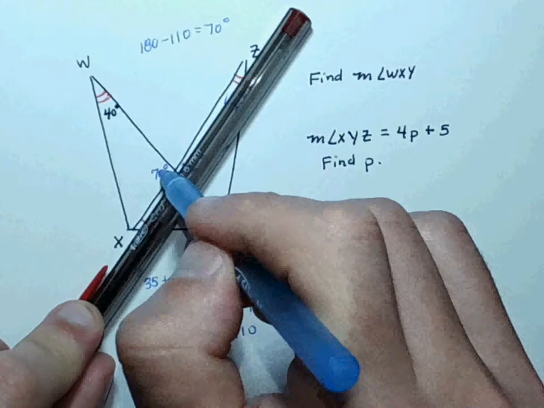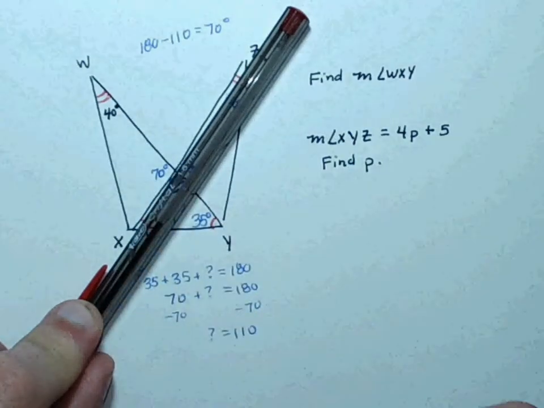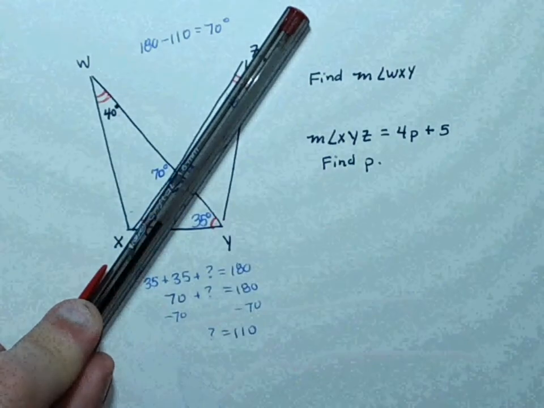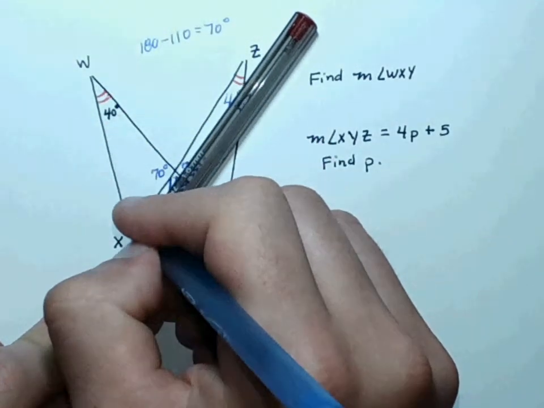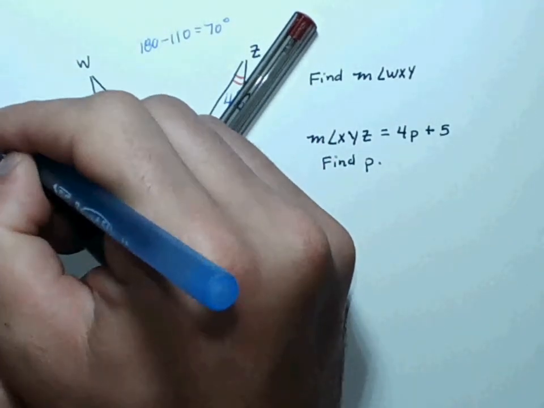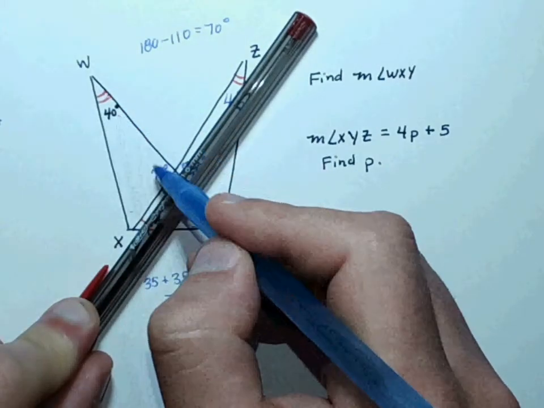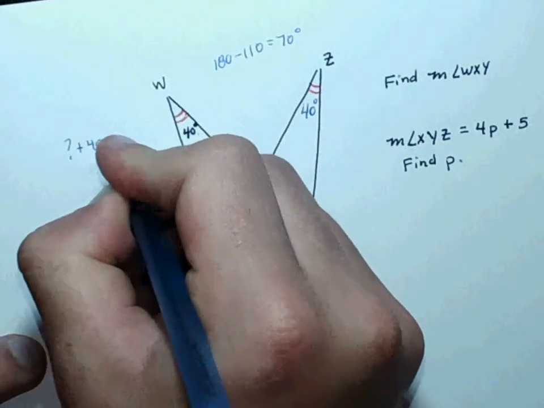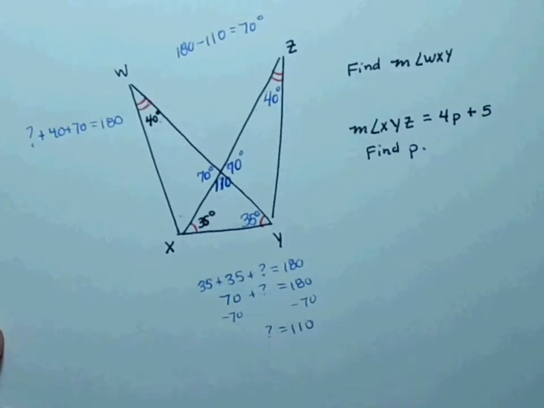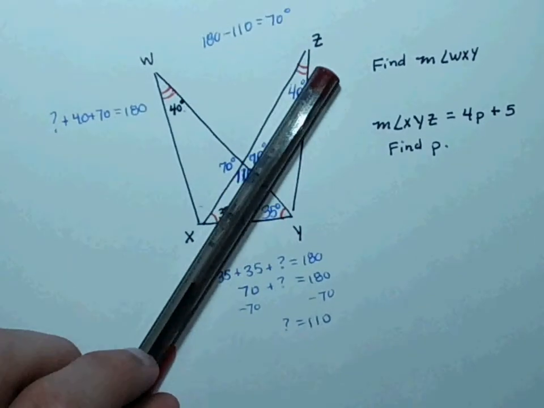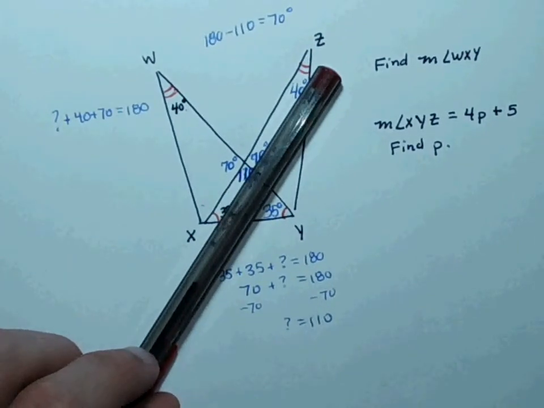We've got two angles, 70 and 40, so we can find this other angle. We can say that this angle plus 40 plus 70 equals 180. Again, we're just looking at that triangle right there.